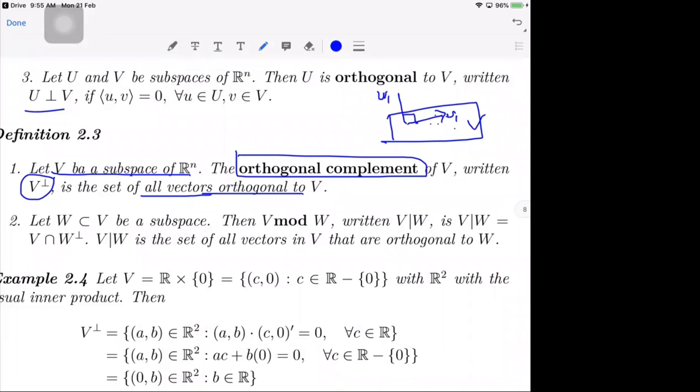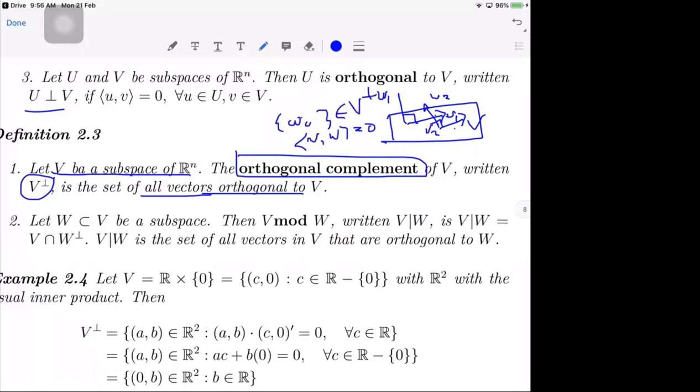So, all the sets in W1 that are orthogonal to all the elements in V. Then this is V2, so this is W2. All the vectors there, the set of all Wi's such that the inner product of V and W is 0 will be included in V perp.